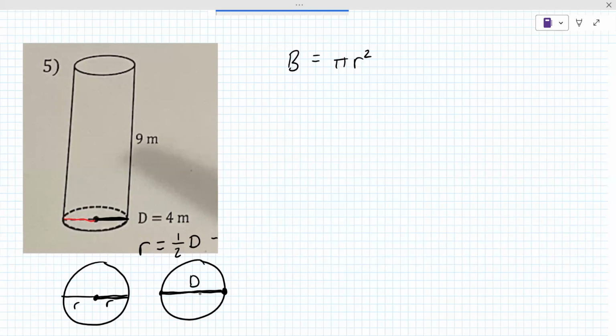Okay, so the radius is 2. The radius is half the diameter. The radius is 2. All right, could you calculate the area of the base, please?